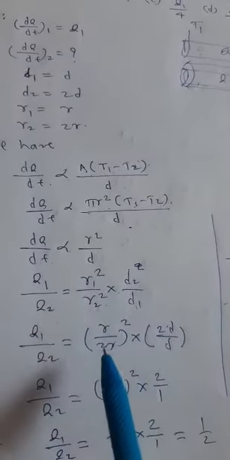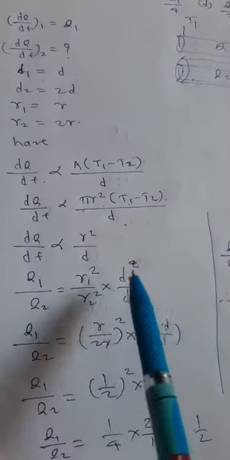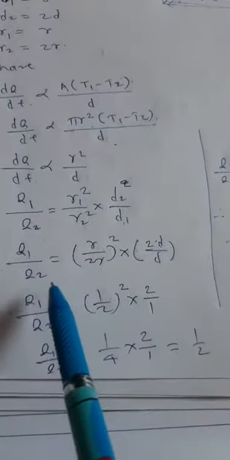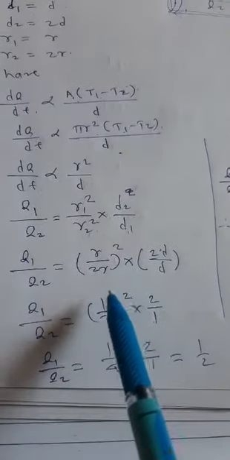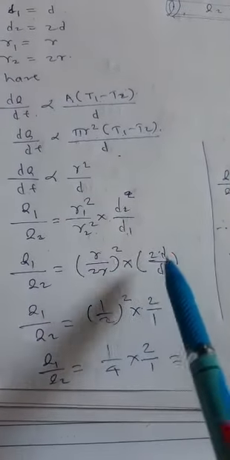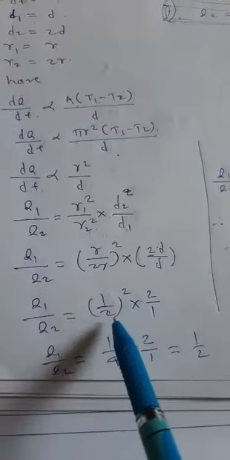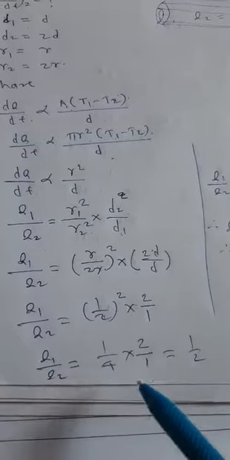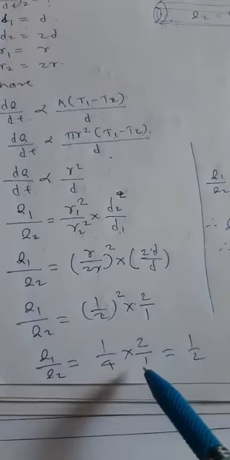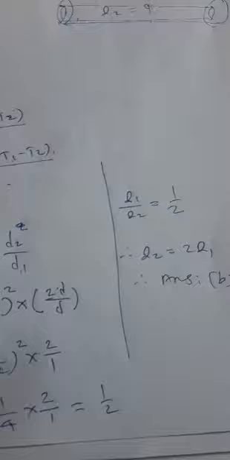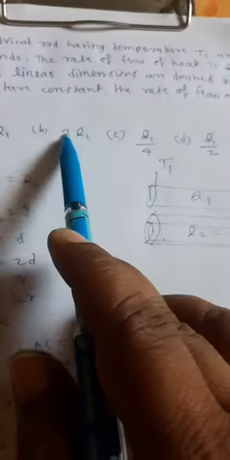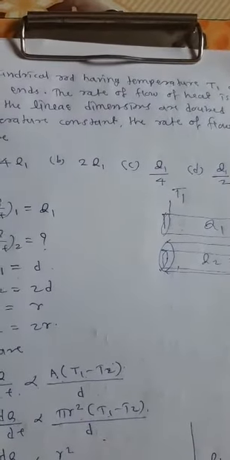R and D get cancelled, so it is half square, which is 1 by 4, into 2 divided by 1, that is equal to 1 by 2. Therefore, Q1 divided by Q2 is equal to 1 by 2, so Q2 is equal to 2Q1. Therefore, the answer is given in option B. Option B is the correct option. Thank you.